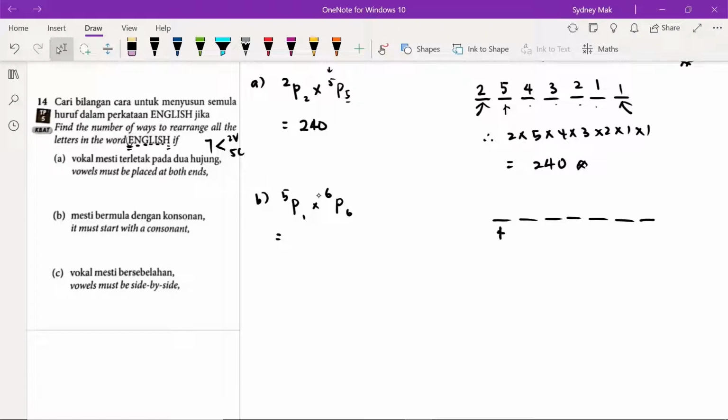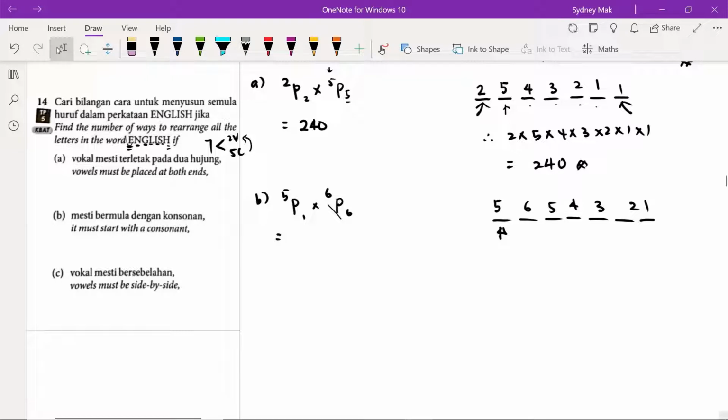The first space must start with a consonant, so I have 5 choices here. Once one of the consonants is put in, we're left with 4 consonants to join my 2 vowels, so we're left with 6 letters. The 6 letters will go in the rest of the empty spaces: 6, 5, 4, 3, 2, 1. Isn't it the same as 5P1, which is 5, times 6P6, which is 6 factorial?